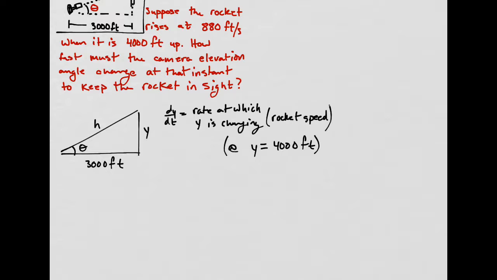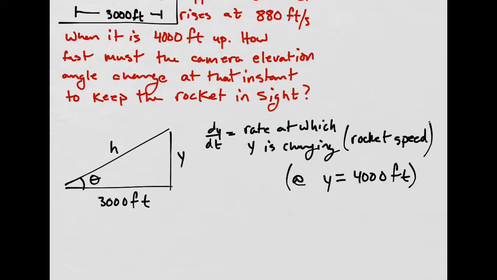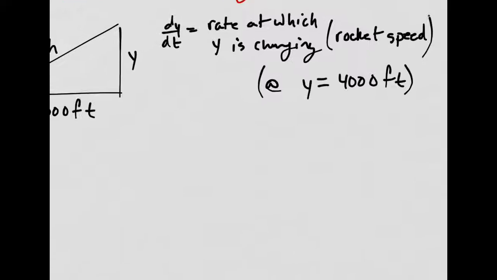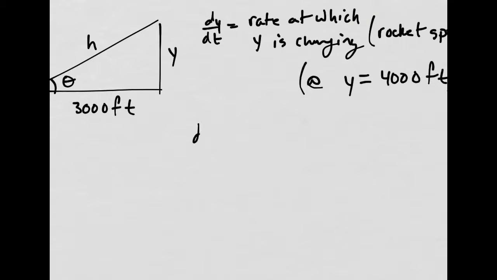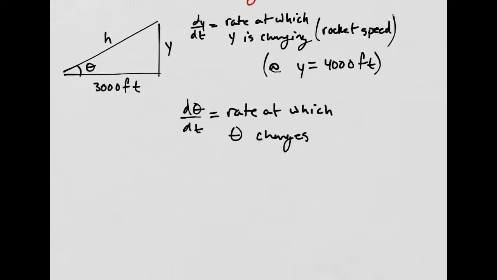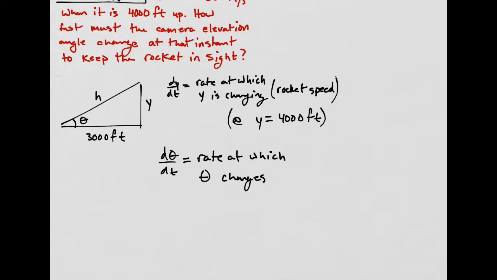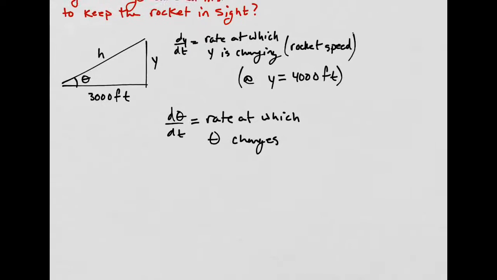What are they asking for? How fast must the camera elevation angle change? Okay, that's a rate, and it's the rate of theta changing. So the rate at which theta changes is just d theta/dt. Okay, that's very nice. Okay, let's write down what we know.